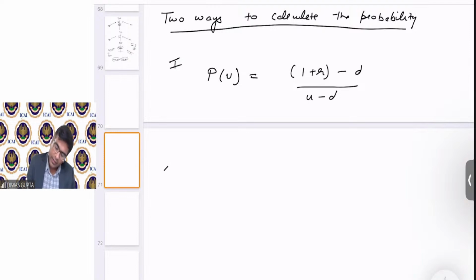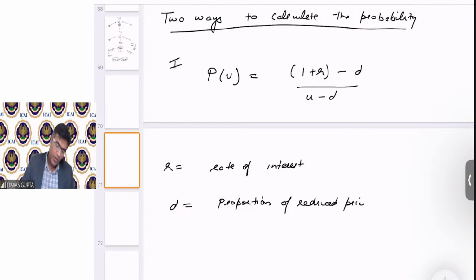We will come to everything. Okay. R is equal to actually rate of interest. D is equal to proportion of reduced price, which is what? 27 divided by 30.